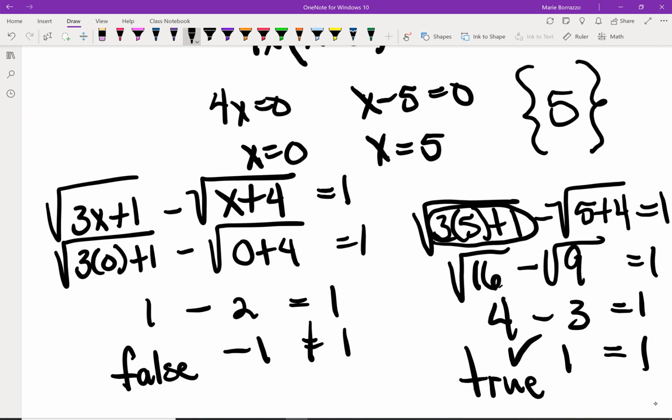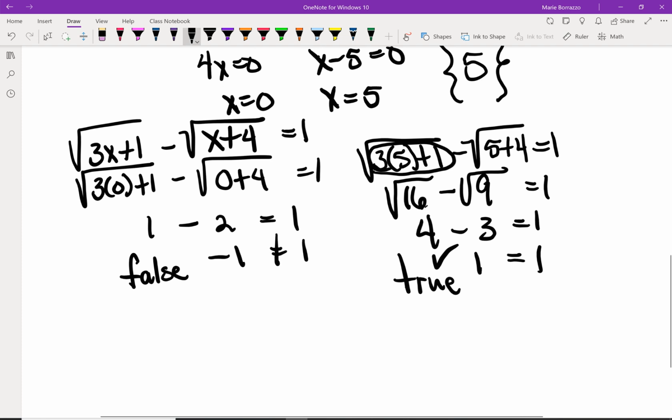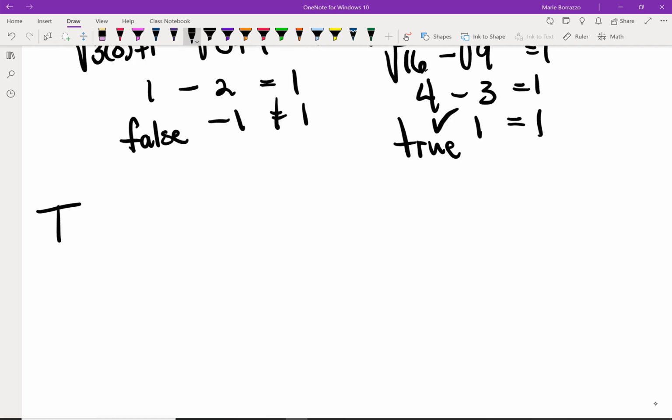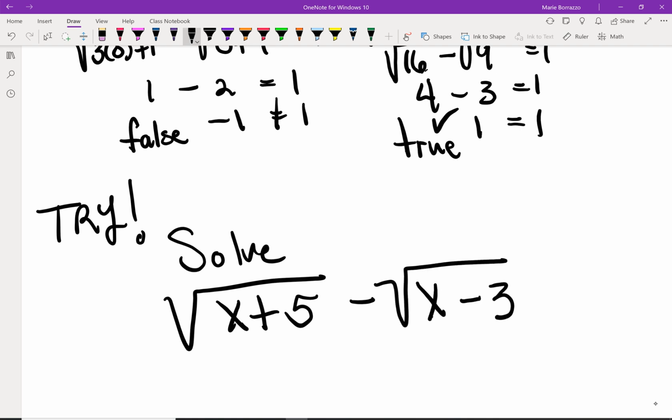All right, so here's what I want you to do. I'm going to take a minute, as we always do, and we're going to try one ourselves, following all the steps that we've taken here. So I'm just going to write down the try question. The question is simply to solve the square root of x plus 5 minus the square root of x minus 3 and prove to me that that is equal to 2.